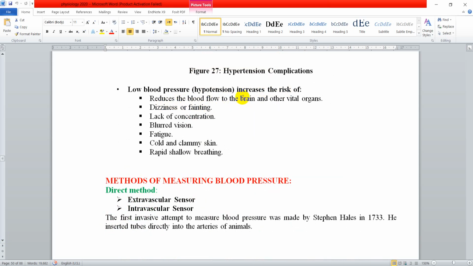So a low amount of blood pressure causes dizziness or fainting, lack of concentration, blurred vision, fatigue, cold and clammy skin, and rapid shallow breathing. All these symptoms may develop if the person is in hypotension, decreased blood pressure.